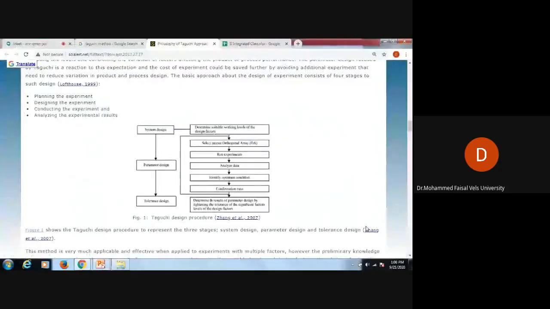This is at the conceptual level, then how to start. When it is at the conceptual level, you determine the suitable working levels of design factors. Identify the design factors.